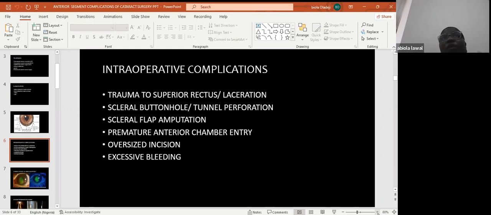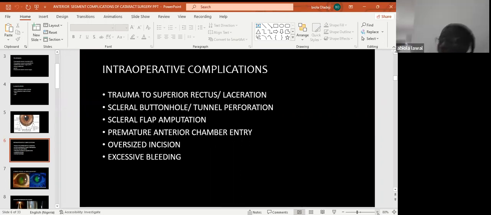If after your tunnel you make a large incision, some do it and it works for them. But if you expand much earlier, the AC keeps shallowing. You have to use a lot of viscoelastic to form it while trying to complete your capsulorhexis. So it is better to use a moderate sized incision.